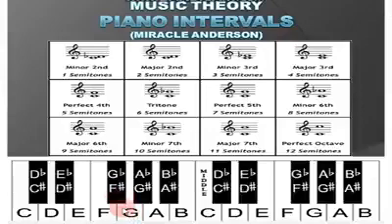This interval is mostly found as one of the pillars of minor chords. If you want to form a minor chord, let's say a C minor chord, you first of all count three notes away from C.